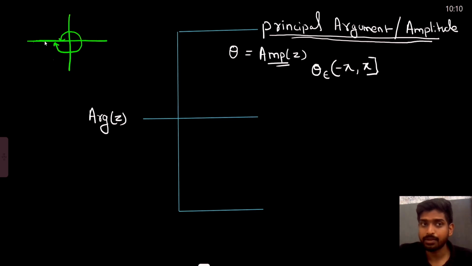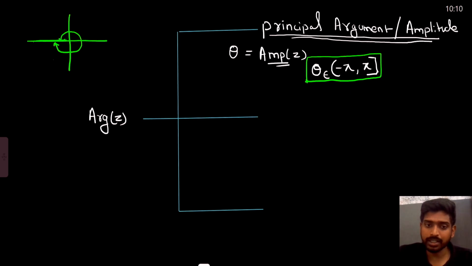This line we can write as minus 180 degree also and plus 180 degree also. That's why we included only plus 180 degree. We excluded minus 180 degree to avoid repetition. Understood? So whenever they are asking the principal argument, you have to give the answer from minus 180 degree to plus 180 degree. Minus 180 degree is excluded and plus 180 degree is included.